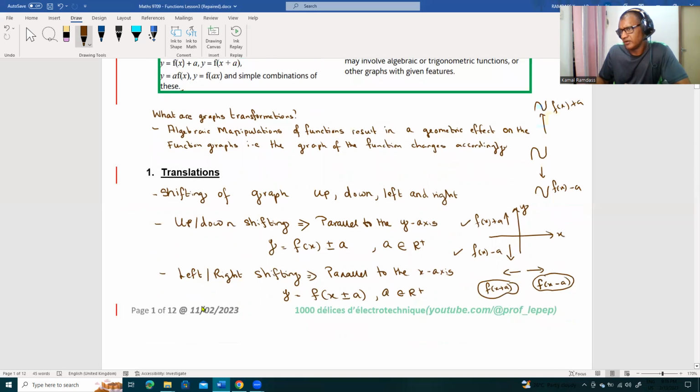OK. Et deuxième type de translation, c'est left and right shifting, c'est-à-dire parallèle to the x-axis. Et là, j'ai besoin de comprendre que ici, quand il est plus, il est là-haut, et quand il est négatif, il est en bas. Par contre, ici, s'il est plus, il va à gauche, et s'il est négatif, il va à droite.